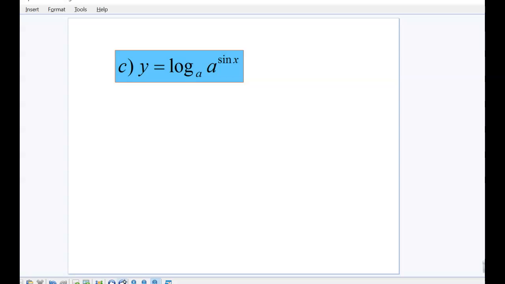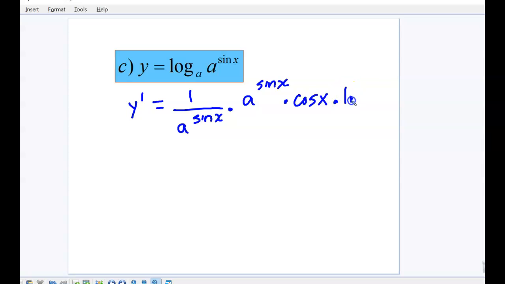All right, in our next example, we have y equals log base a of a to the sine x, and again, the derivative, if I did it the long way, because there's a shortcut to this one, would be 1 over a to the sine x times the derivative of a to the sine x, which would be a to the sine x times the derivative of the exponent, which is cos x, times the natural log of the base, which is ln a.